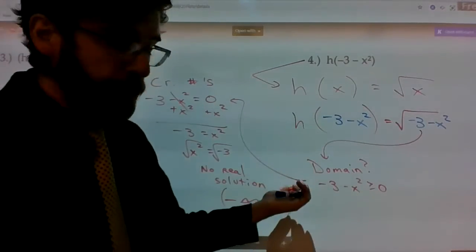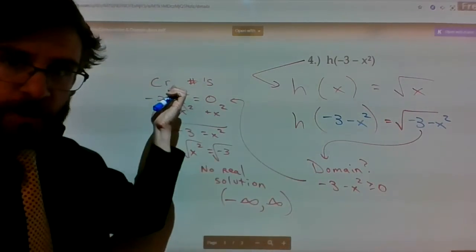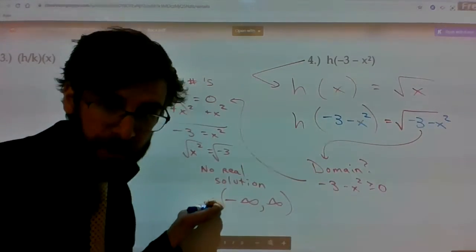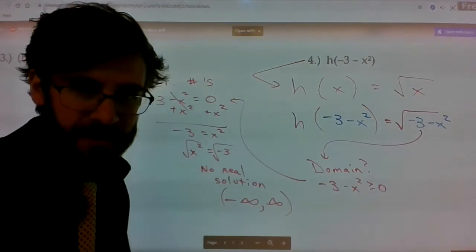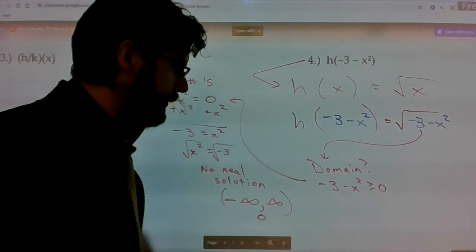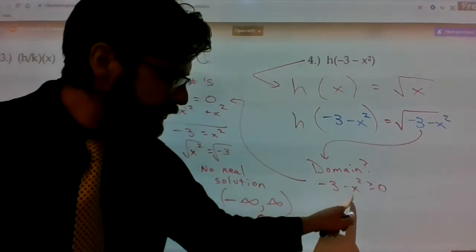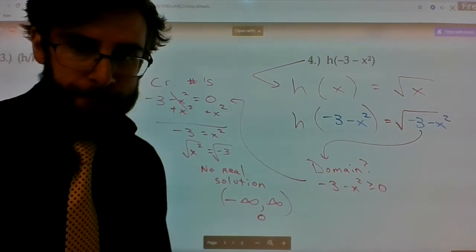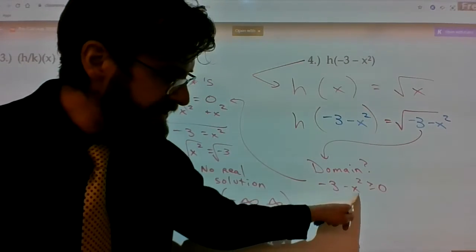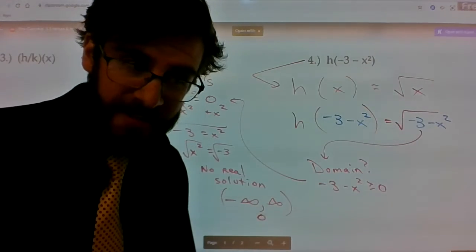Right? Because what did we do? We find critical numbers. We use those to establish intervals. There's no critical numbers. So here are my intervals. Test a point. 0. If I plug 0 in right there, is it greater than or equal to 0? Well, negative 3 minus 0 squared, that's negative 3.